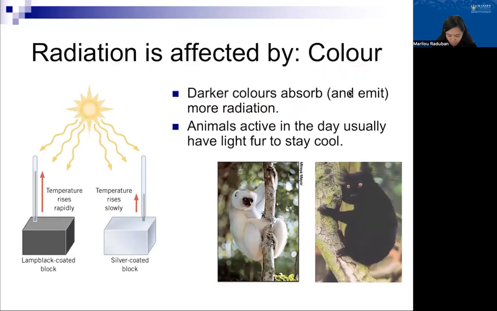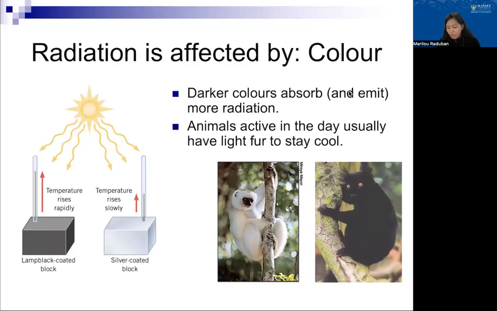So for example, a black object will absorb more energy compared to a lighter object. And animals manifest this: usually animals who have lighter fur stay cooler compared to animals who are darker colored.